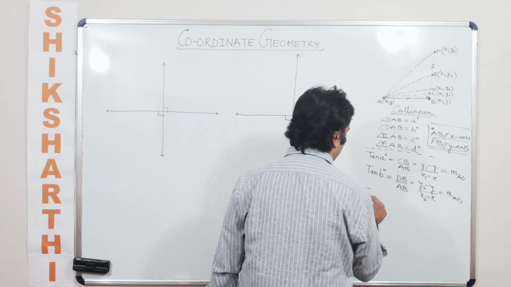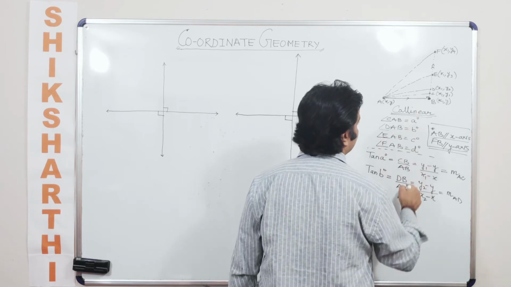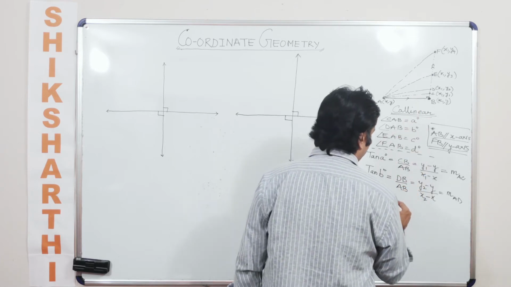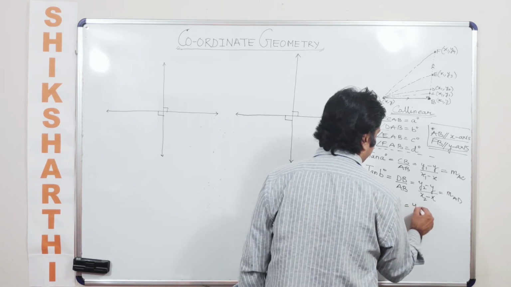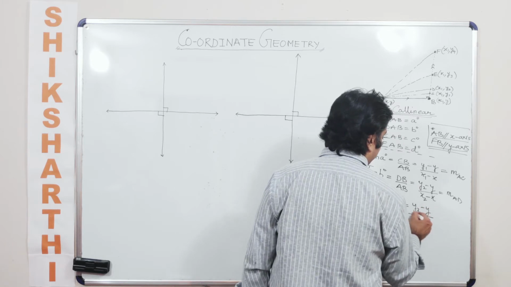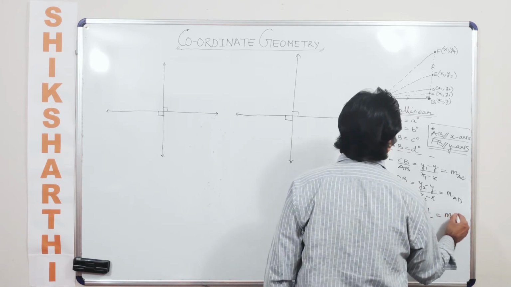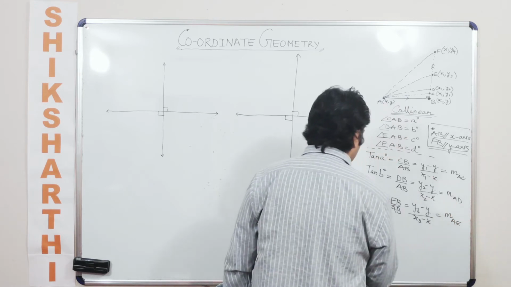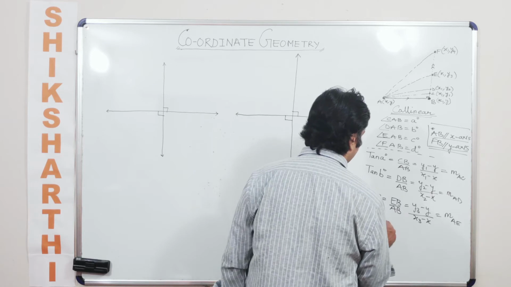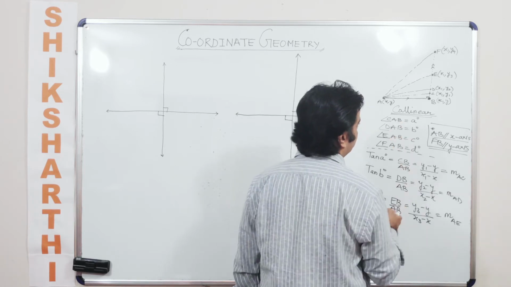Similarly, can I say tan of C degrees is nothing but EB upon AB? Now what is the length for EB? It's nothing but y3 minus y divided by x3 minus x, which is equal to the slope of the line AE. And last but not the least, tan of D degrees is equal to how much?